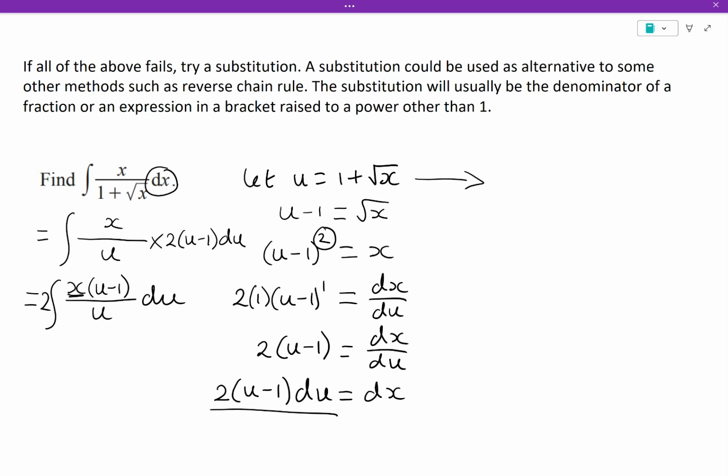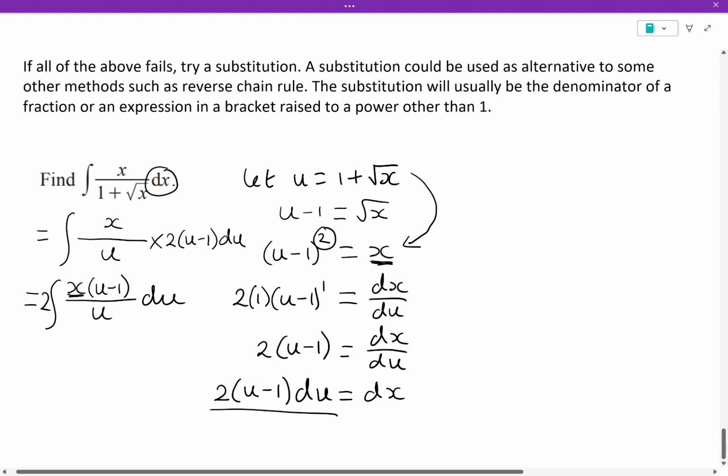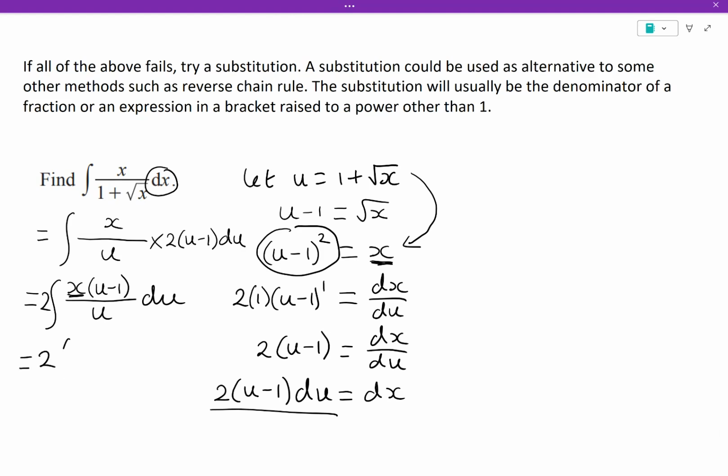Now, fortunately, I've already done that. I made x the subject down here, so therefore I can replace x with the u take 1 squared. So I would get 2, and then my integral symbol, and it would be u take 1 squared multiplied by u take 1 over u with respect to u.